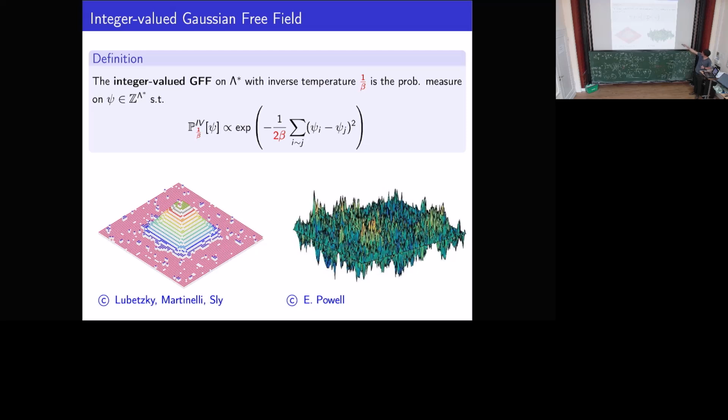And if you condition this Gaussian field to be Z-valued, you are no longer Gaussian and you look like something like that. I didn't find a typical picture, but I found a large deviation such picture in a Lubetzky-Martinelli slide. I think this is the solid-on-solid one, but okay. They look like something like this, which are more discretized versions of the GFF.